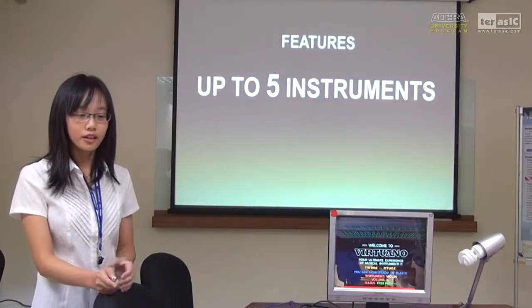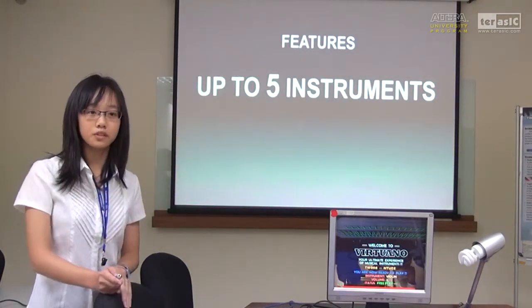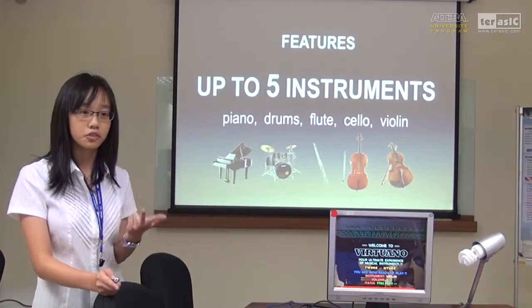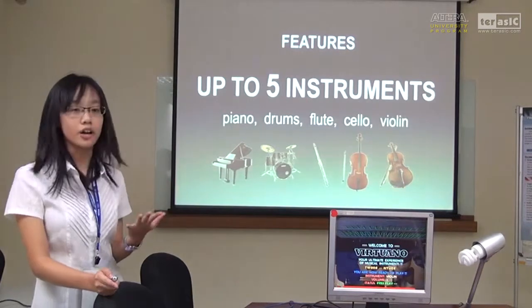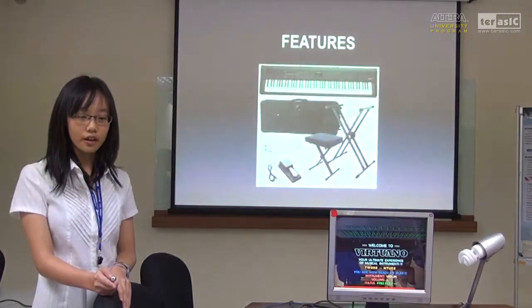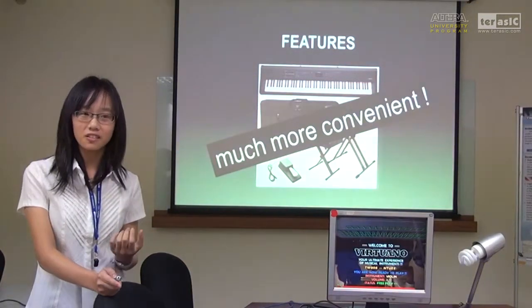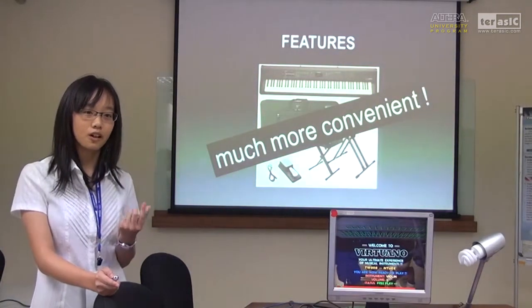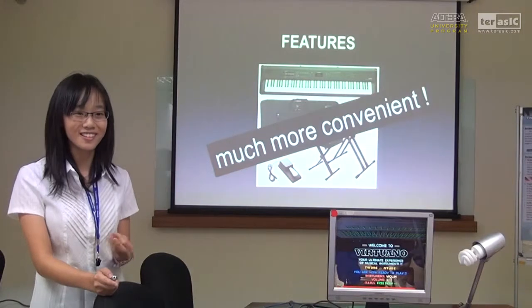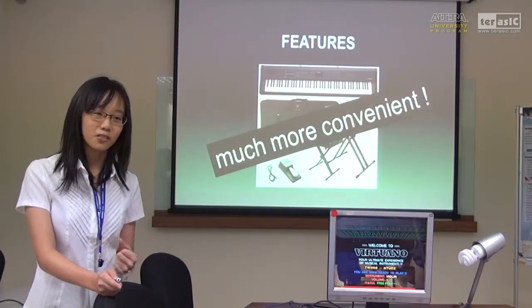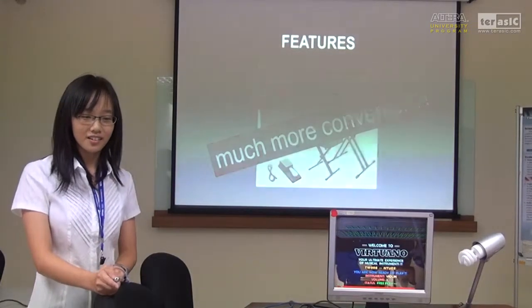Next, it has 5 instruments, 5 sounds: piano, drums, flute, cello, and violin. And you may say a common electrical piano has not only 5 sounds, but our Virtuano is more convenient because it's lighter.